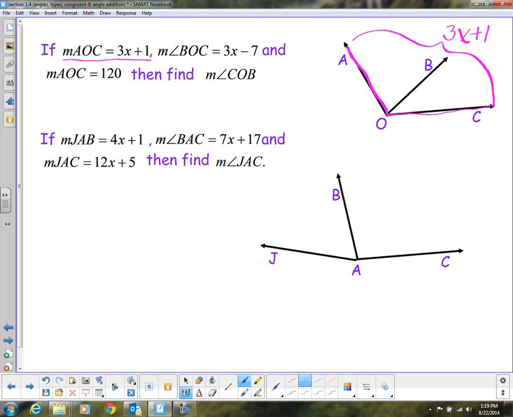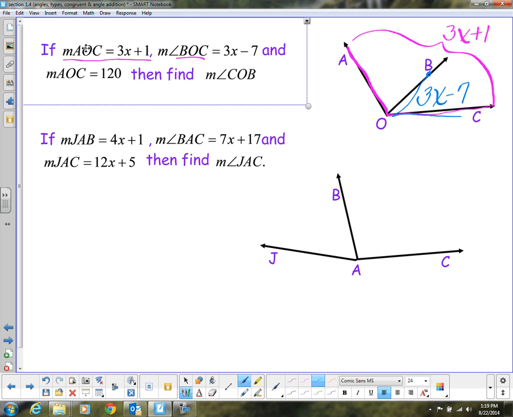Well, what else is it telling me? Draw the diagram. Put this on your diagram. BOC. Well, let me get a different color. BOC is this angle, and they're telling us that is 3x minus 7. And I wrote a bad problem, because now I'm telling you that AOC is 120. All right.